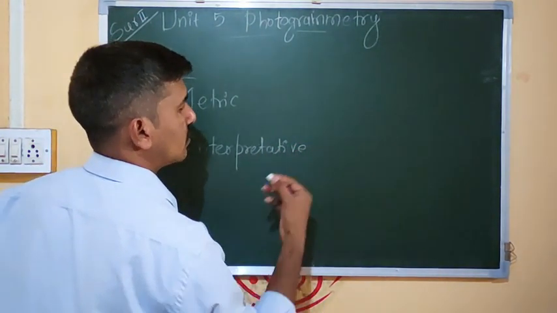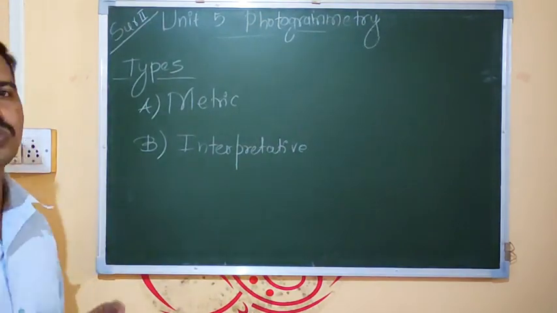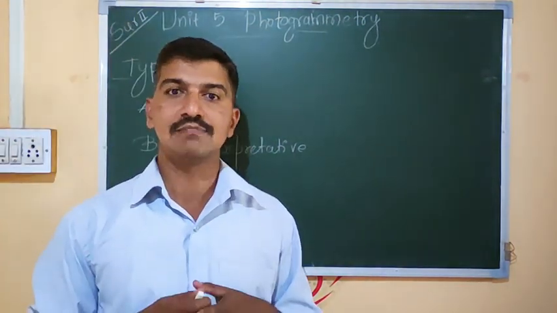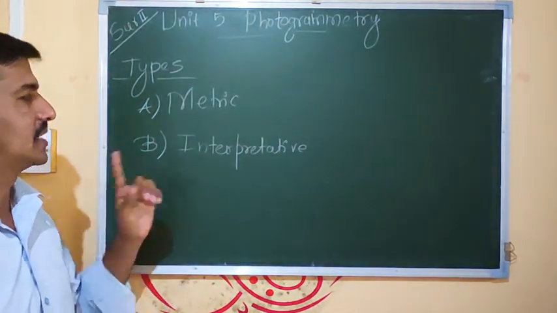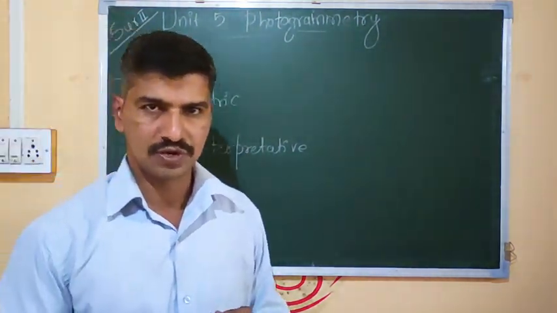So photogrammetry is broadly divided into 2 types. One is metric and the second is interpretative photogrammetry.